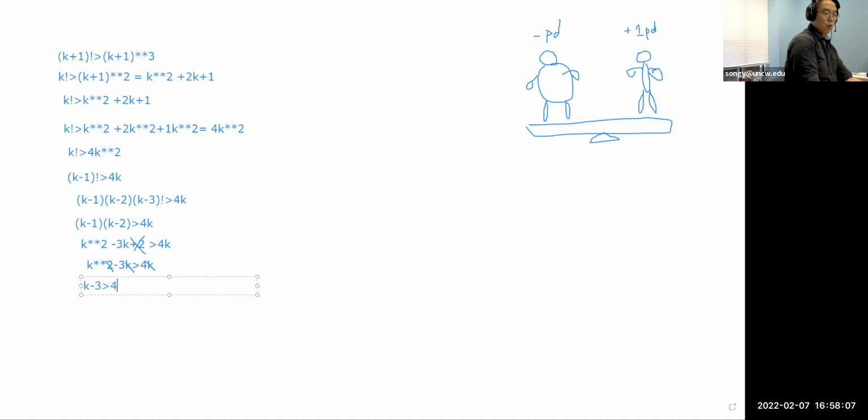And if we move the minus 3 to the right side, we have to say k is greater than 7. So if we are following this way, the start point will be k is greater than 7. So this is the end there. Starting from k equals 7, we can prove that this is true.